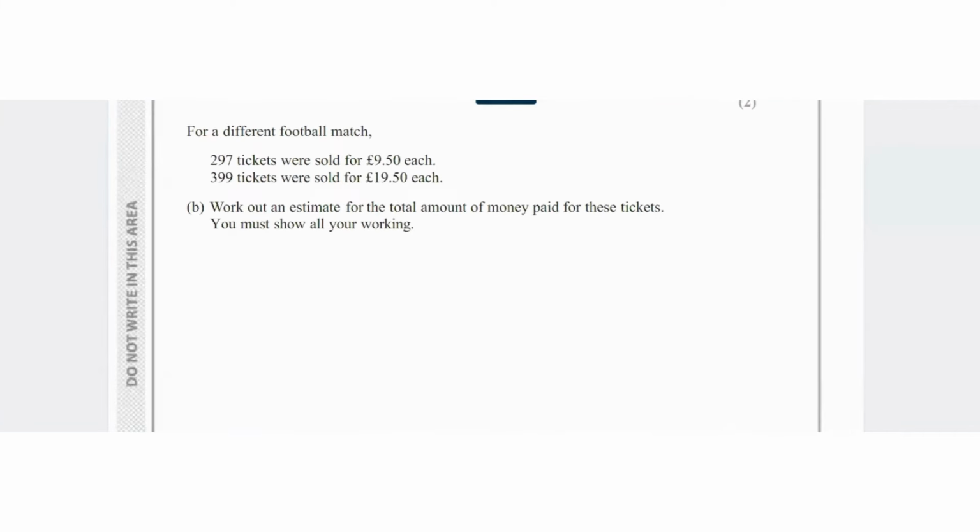For a different football match, 297 tickets were sold for 9.5 pounds each. 399 tickets were sold for 19.5 pounds each. Work out an estimate for the total amount of money paid for these tickets.